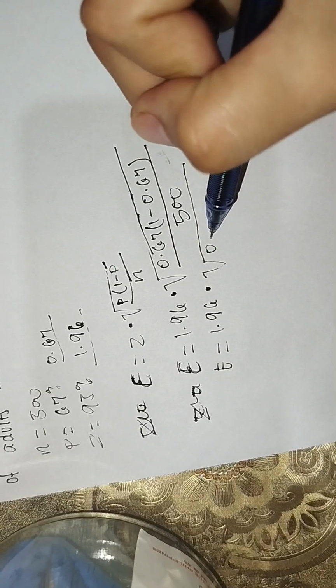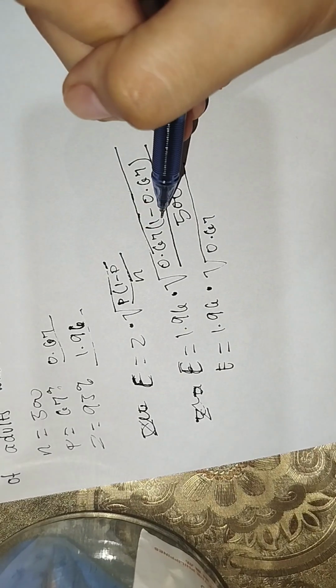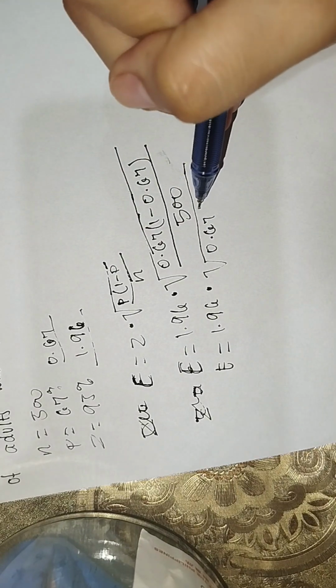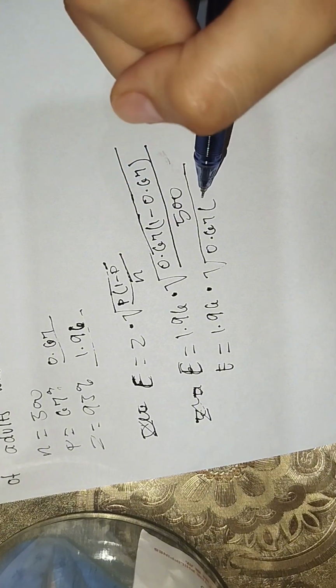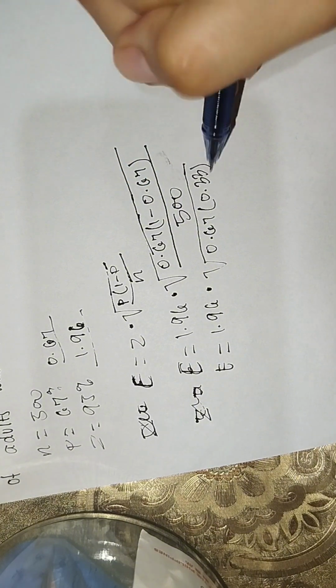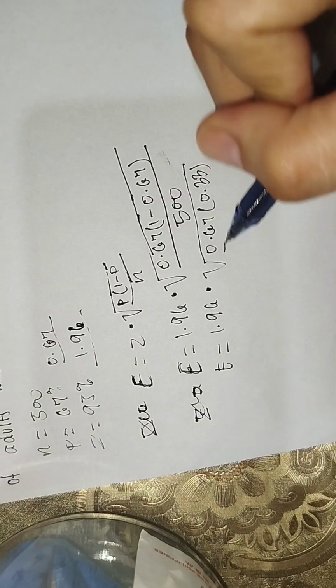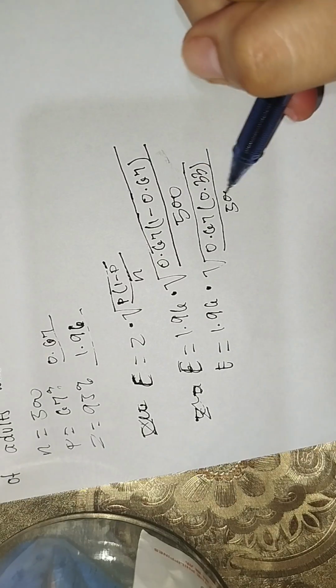Copy the 0.67, then 1 minus 0.67 equals 0.33 over 500.